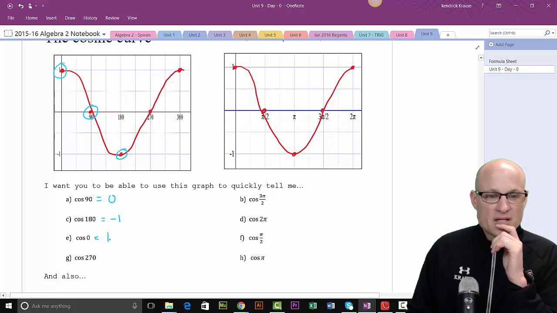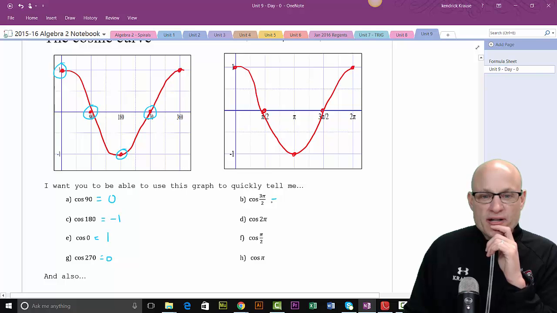Cosine of 270, 0. Cosine of 3 pi over 2, that's the same as 270, that would be 0. Cosine of 2 pi, 1. Cosine of pi over 2, 0. And finally, the cosine of pi is down here at -1.